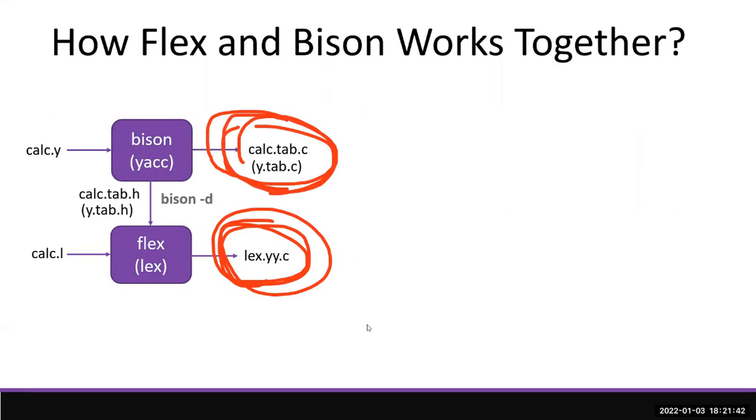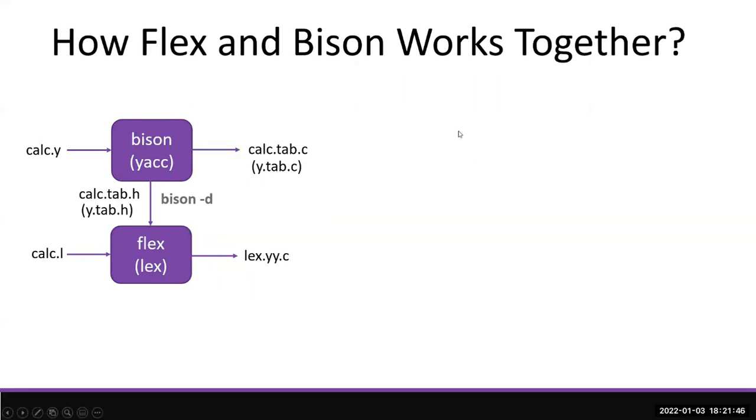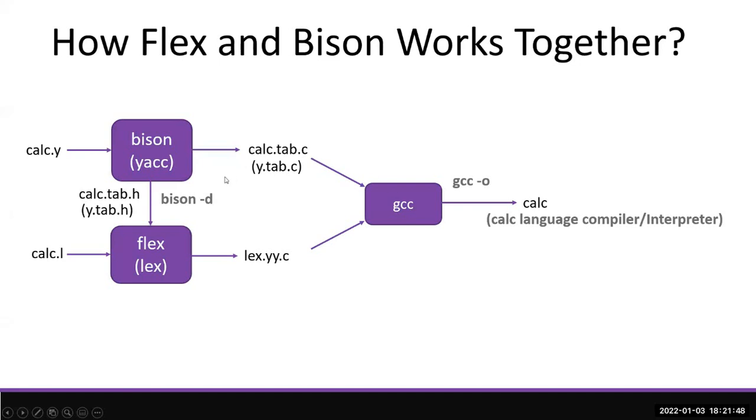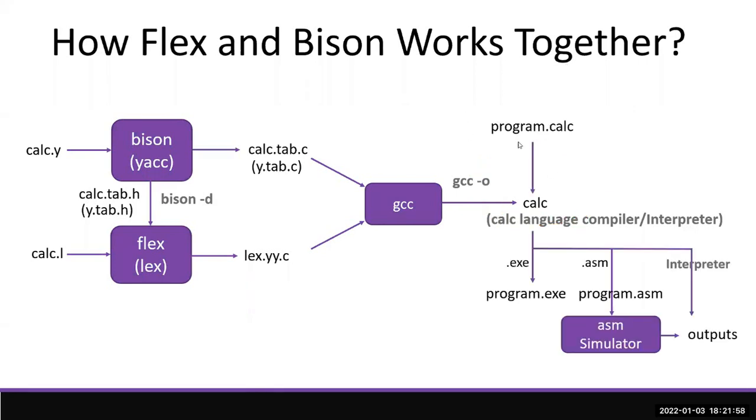You also create your table, the symbol table. And these two are just put together to generate a compiler. So we create a compiler for the calculator language in this way, and that one can accept the calculator language input and generate executable code, assembly, or an interpreter.